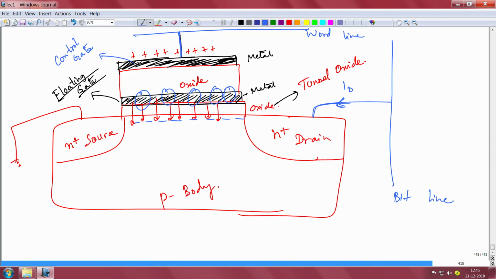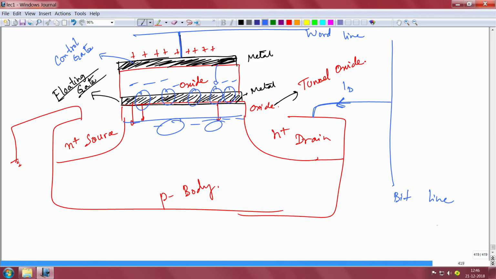And you will have a reduction in the electron charge in the channel. If you induce charge on the floating gate, then by the charge conservation principle you will reduce the charge in the channel.